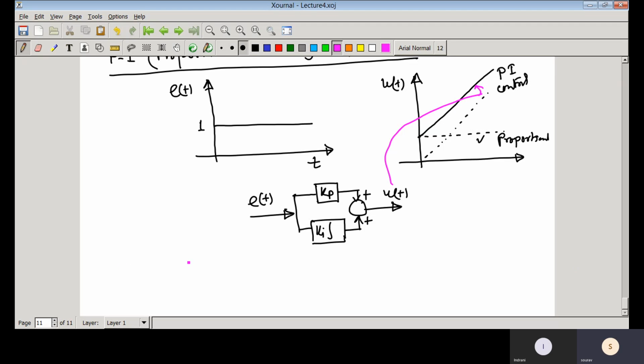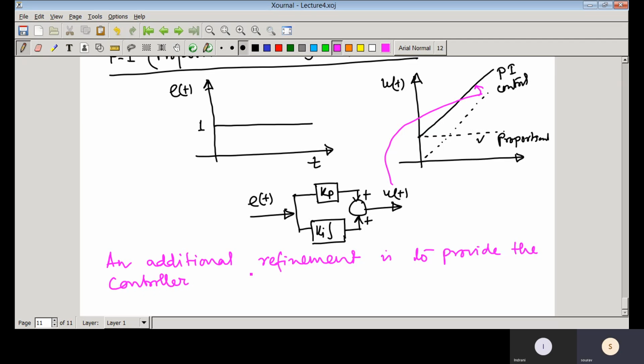So that means here I am writing an additional refinement is to provide the controller with an anticipative ability.